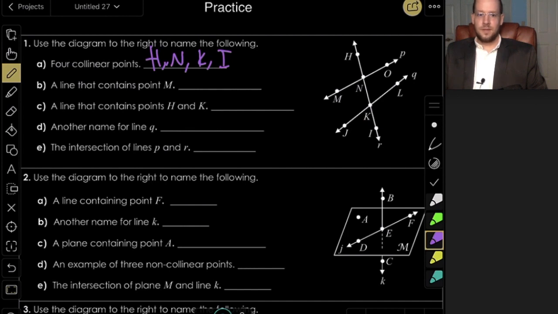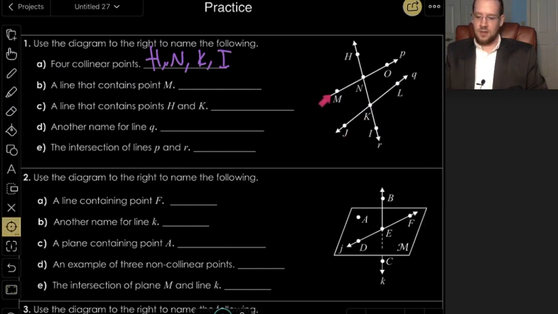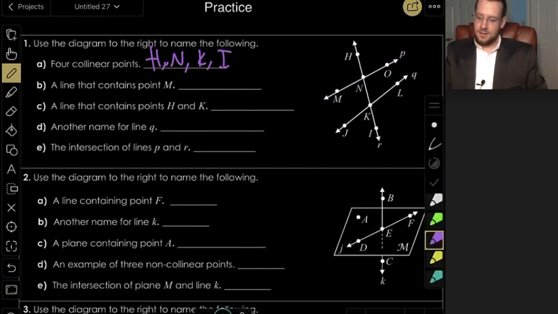Name a line that contains the point M. So here's the point M. Well, what about this line? We could call this the line MN, right? We could call this the line MO, because there's 1, 2, MO.